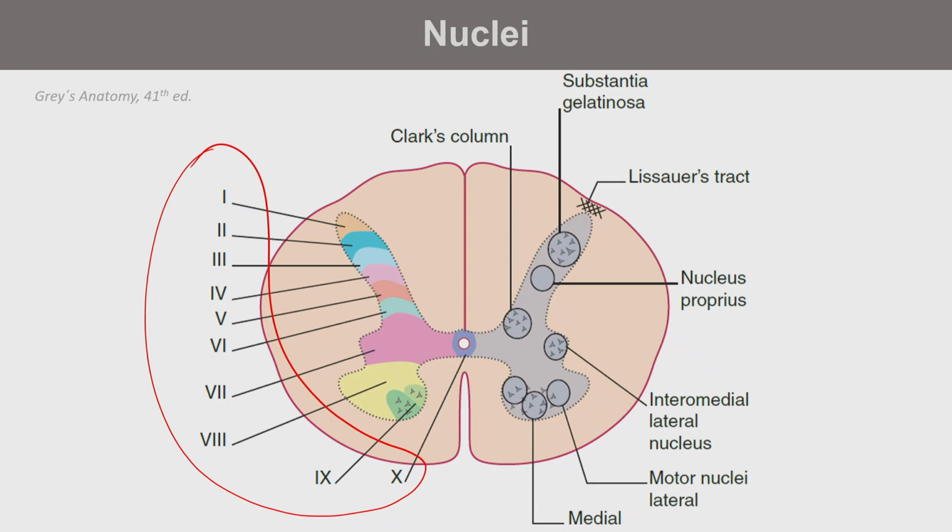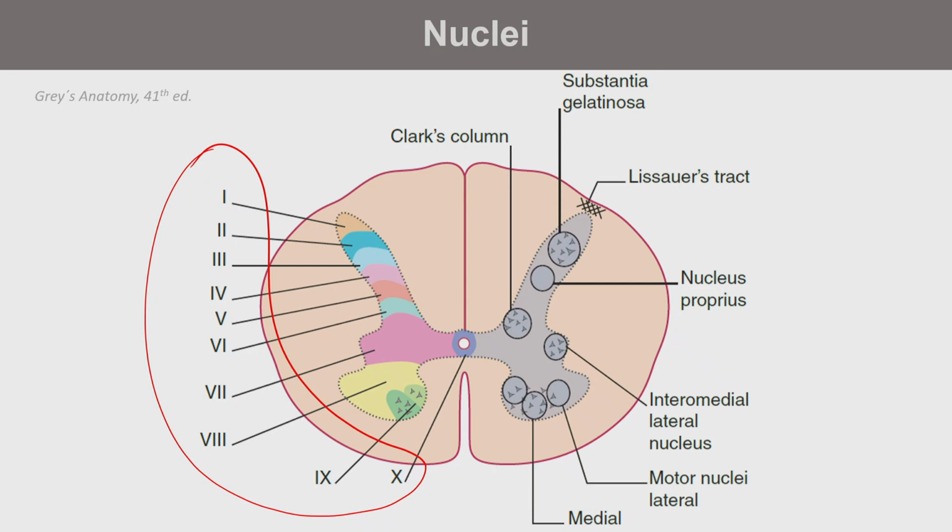And you have to imagine that they are organized or assembled in columns, and the columns of the gray matter are inside nuclear columns, which are of the same function.